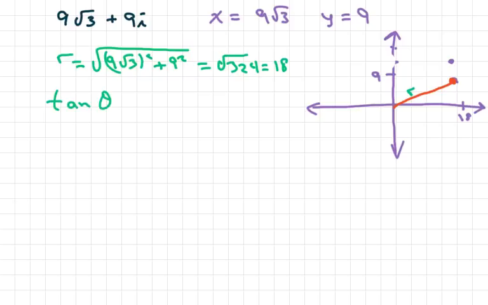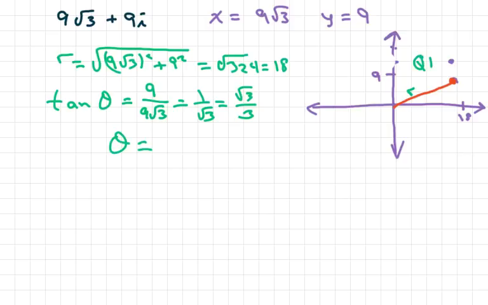So tan of theta equals y, which is 9 over 9 square root of 3, which is 1 over square root of 3, which equals square root of 3 over 3. So that means my angle is 30 degrees. We're in quadrant 1 here. This is your imaginary, this is your real axis here. So this is 30 degrees.